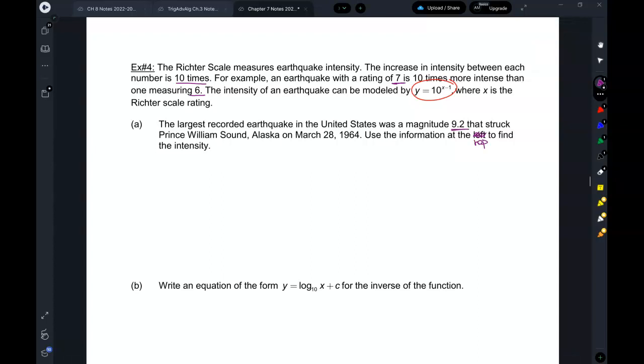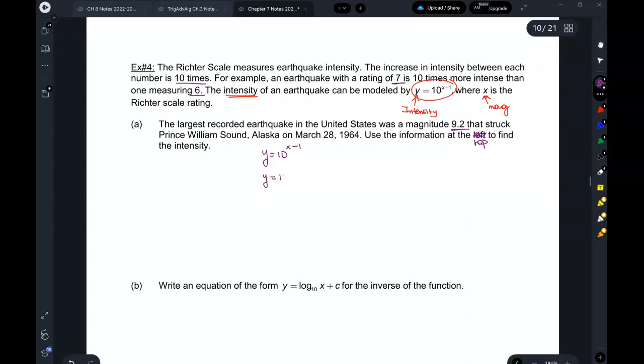Okay, so let's look at this again. This is the equation for the intensity. That means this is intensity, and then X is the Richter scale rating, which is the magnitude, right? So here we're looking for the intensity. So it's going to be Y equals 10 to the power of X minus 1.